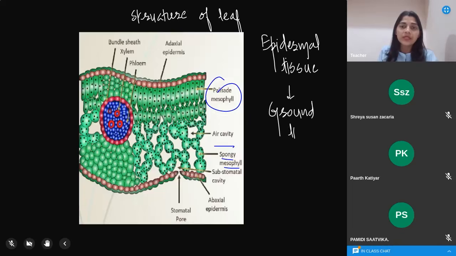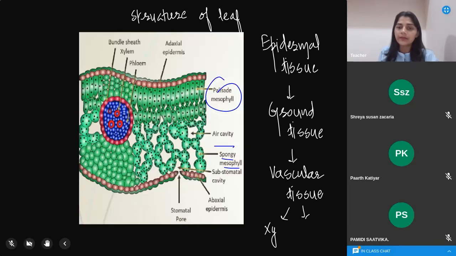So this mesophyll comes under the ground tissue only. And then there is the vascular tissue. Vascular tissue comprises of the vascular bundle, that is xylem and phloem. Xylem is responsible for the conduction of water and minerals, and phloem is responsible for the conduction of the food material. Fine.